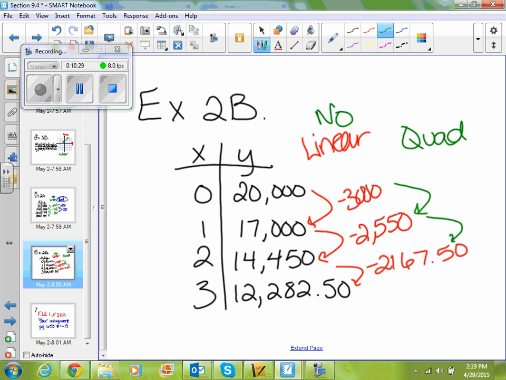What do I do to get from negative 3,000 to negative 2,550? Add 450. Okay, and what about from 2,550 to 2,167.50?